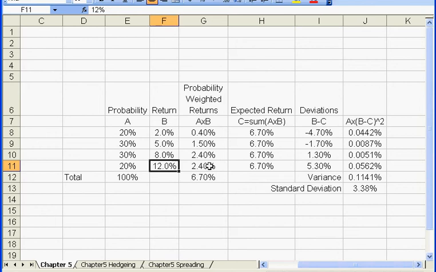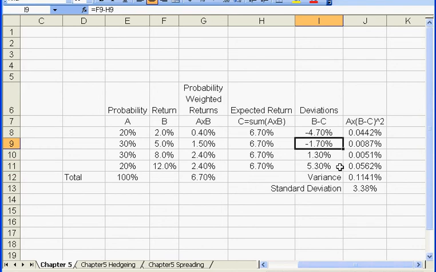If I got 12%, the deviation from this expected return of 6.7% is plus 5.3%. It's a positive deviation. Because all these deviations are either positive or negative, if you weight them with the probabilities and sum them up, you will get 0 for sure. Mathematically, that's the result. So we cannot simply sum them up.